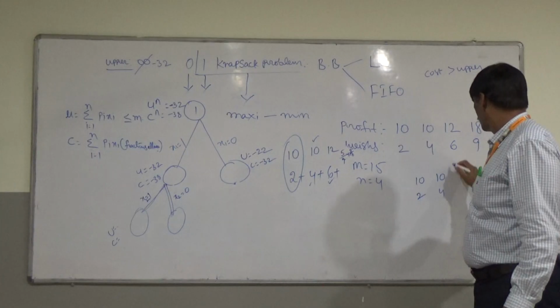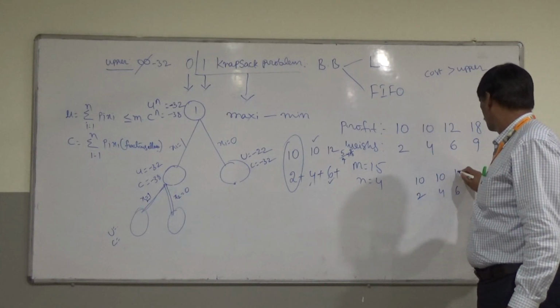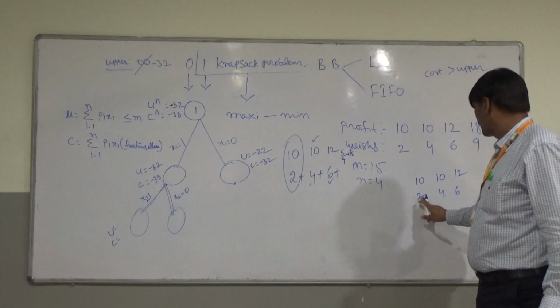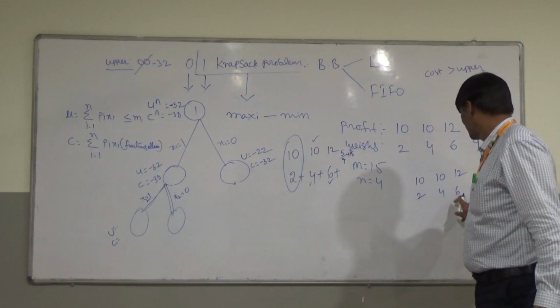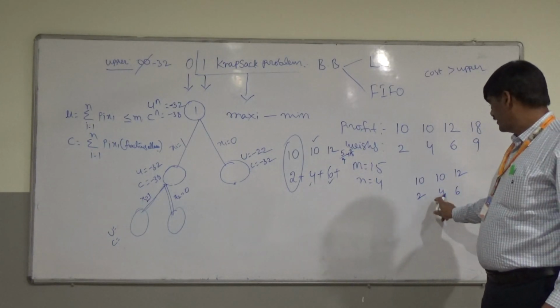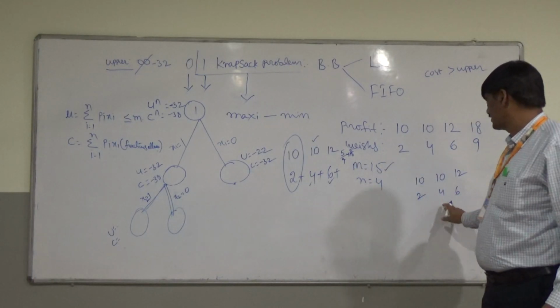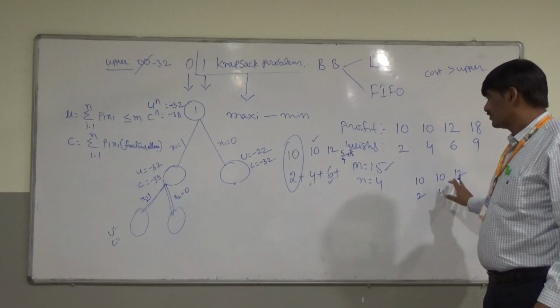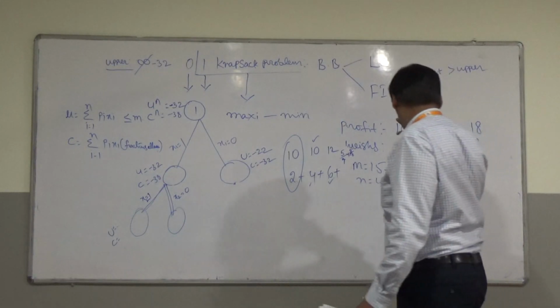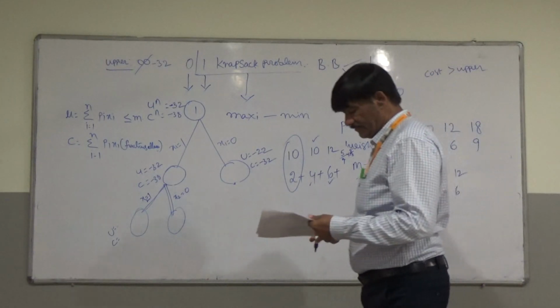Next I select the third item, that weight is 6 and its cost is 12. So the total is 2 plus 4 plus 6, which is 12 kgs completed out of 15 kgs. So it is possible. So the cost here is only minus 32.